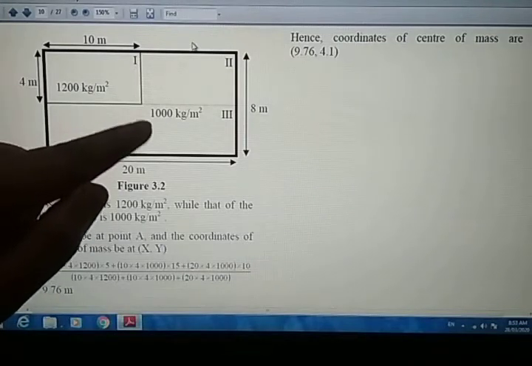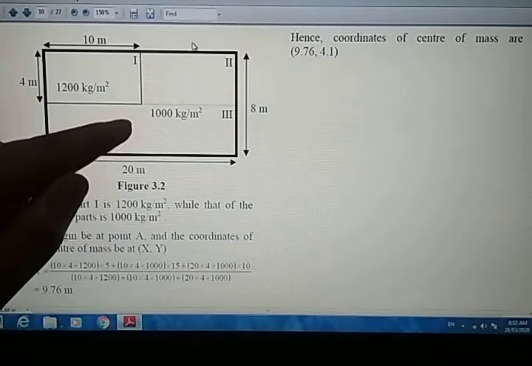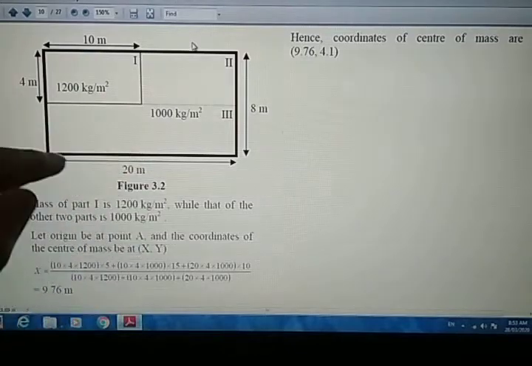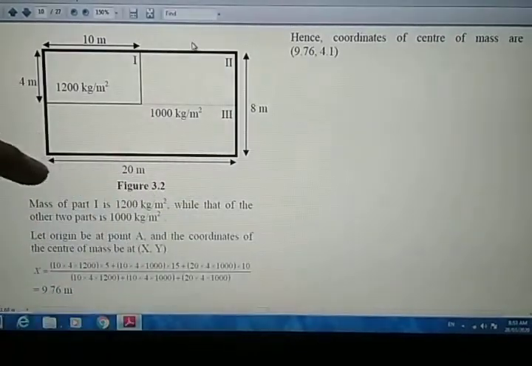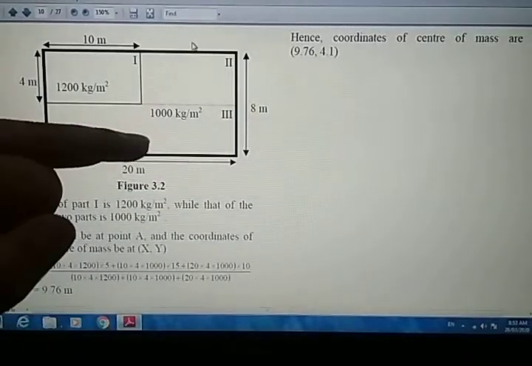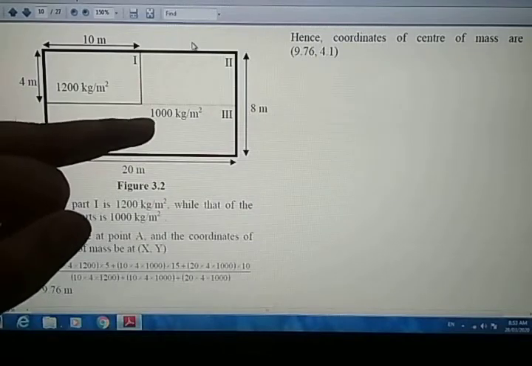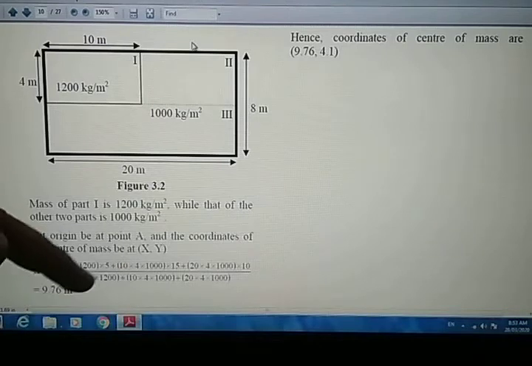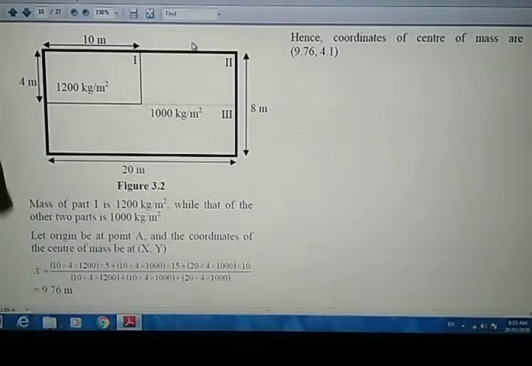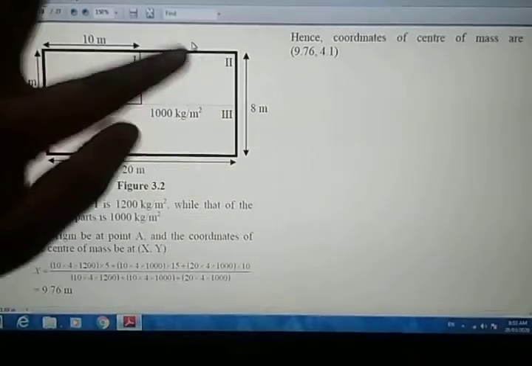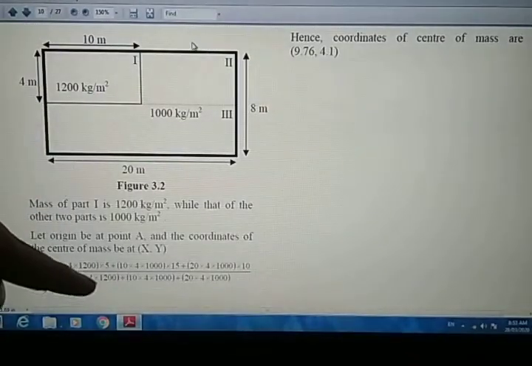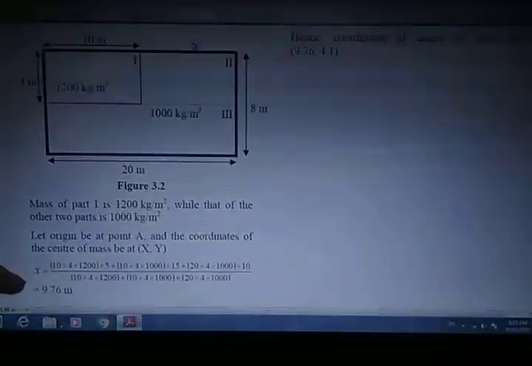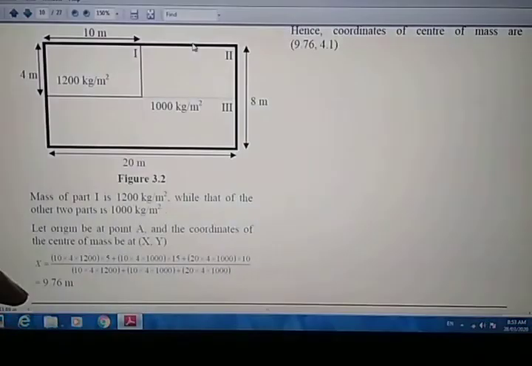The centroid will lie at the midpoint of this 20 meter, so 20 divided by 2 means 10. So multiply by 10 and divide by m1 plus m2 plus m3, where m1 is 10 into 4 into 1200. After calculating, we get 9.76 meter.